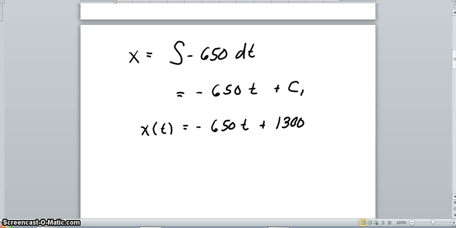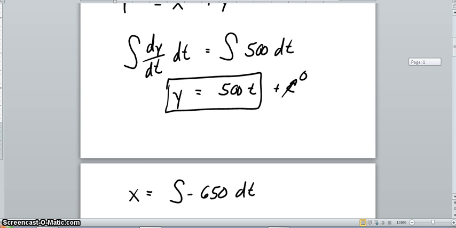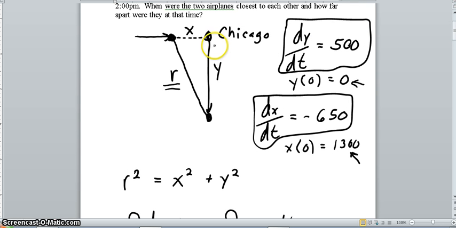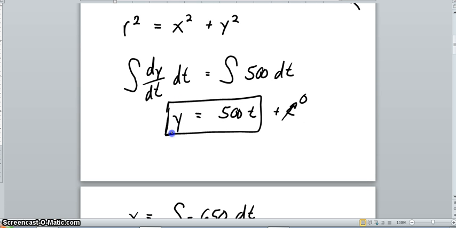Right, and so here's our expression x in terms of t. Now you might have just been able to set those up algebraically. I mean, if you know that this first plane is traveling straight south at 500 miles per hour, then this would simply be the expression that you would write.